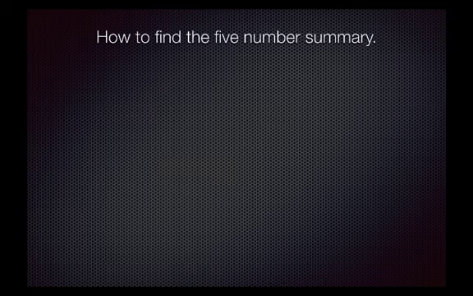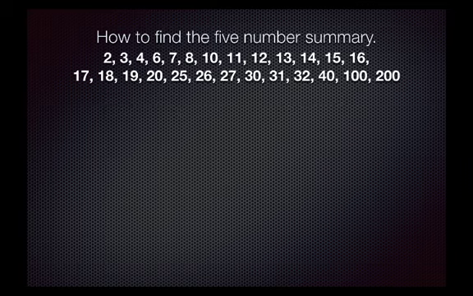So here we are. We're going to find the 5-number summary, which is what we just talked about: first, second, third quartile, interquartile range, and we'll go ahead and find the range as well.